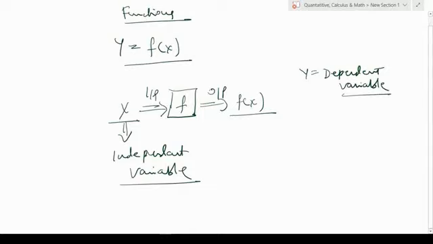When we talk about y as a dependent variable, those are the endogenous factors, basically the variable which the model is explaining. So x is an independent variable and y is a dependent variable. Any function you take, y is going to be dependent on the input of x which you fit in.